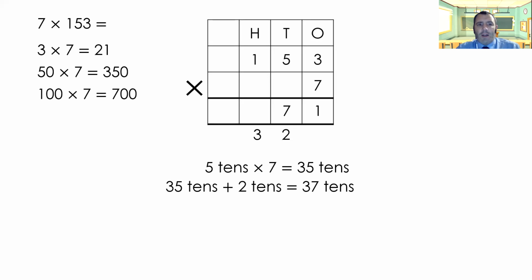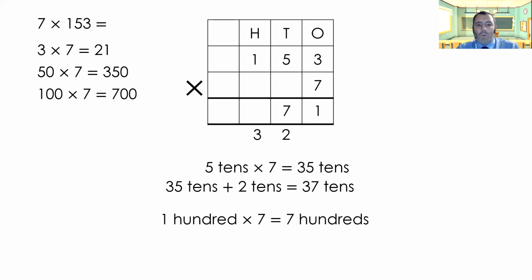Now, my last calculation I need to complete is 100 times 7, which gives me 700. But I've exchanged across again, so I need to make sure I add that in. This is where it becomes really important that we write our numbers underneath the correct place value column, so we don't end up adding the wrong numbers onto the wrong products.